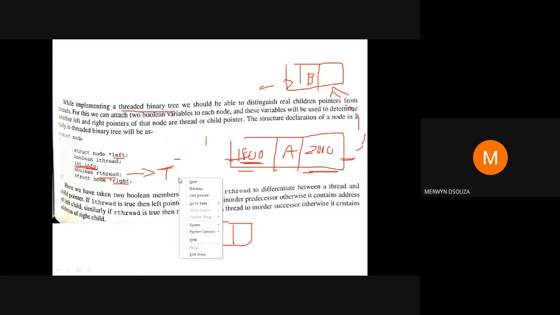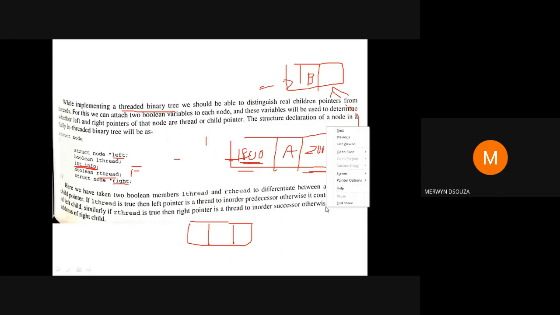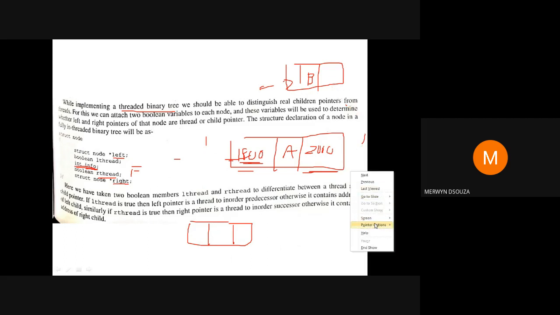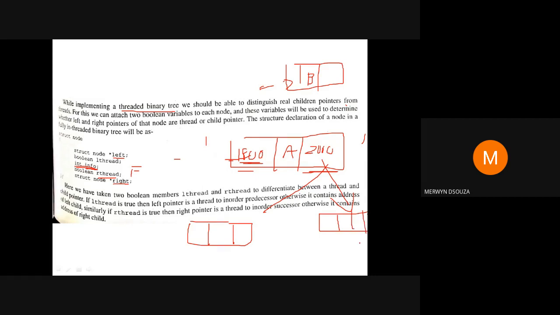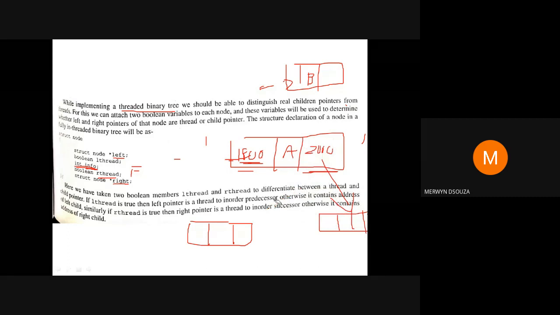But if R thread is false, that means this address is not a pointer to the in order successor, but a pointer to the right child. So that is the meaning of these Boolean variables L thread and R thread. I hope you got it.